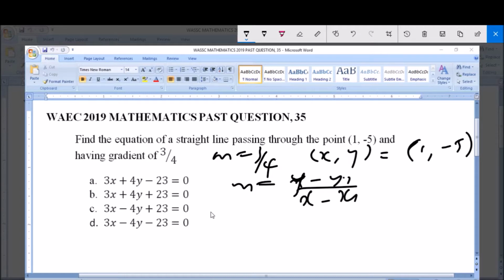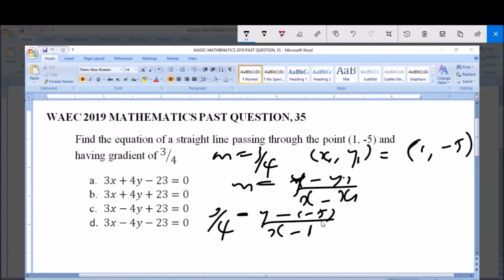We have that our gradient is 3/4, equals, what is our y? We have that our y1 is minus 5, so we have y minus minus 5, divided by x minus x1, which is x minus 1, because our x1 is 1.